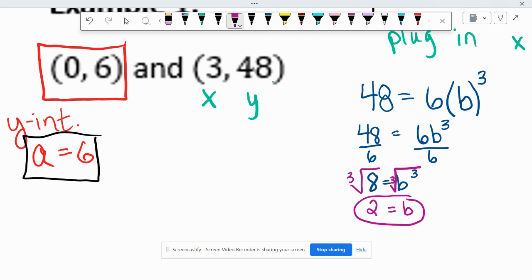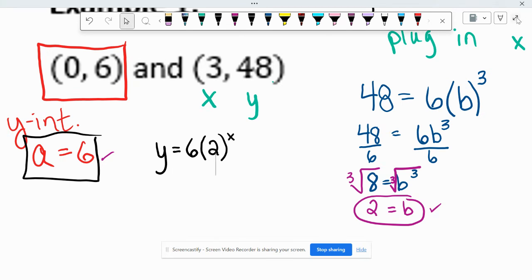So we know what a is and we know what b is. So let's write an equation for that. Our equation is going to be y equals 6 parenthesis 2 to the power of x.